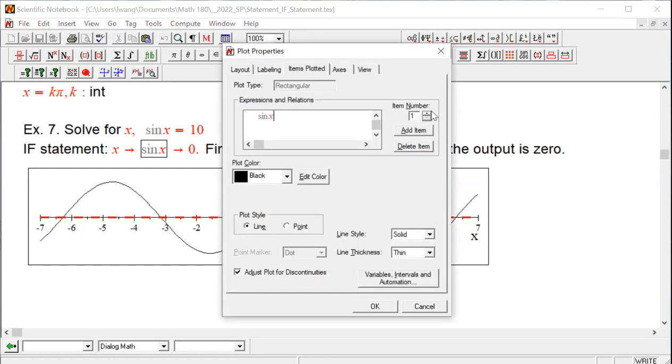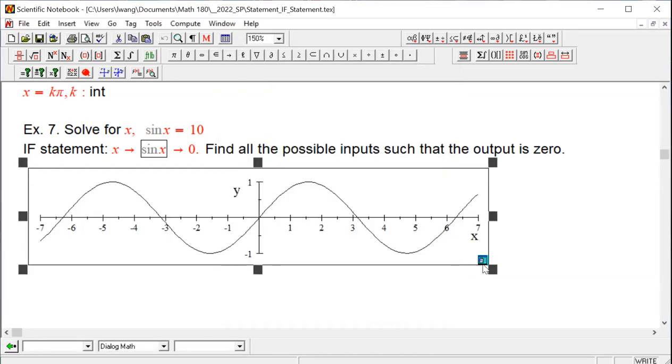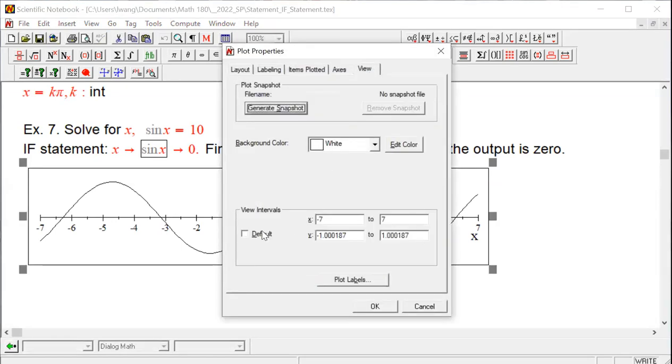So let's draw that horizontal line equals 10. Right? Horizontal line equals 10. And whoops, we don't even see that line. Why don't we see that line? Well, my view needs to be adjusted, right? So I'm going to make sure you get to see that view.